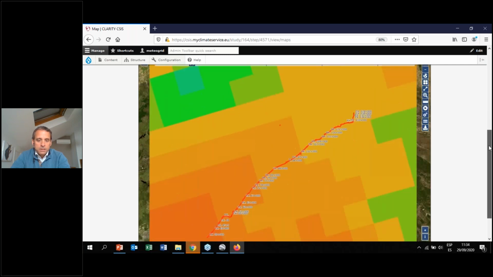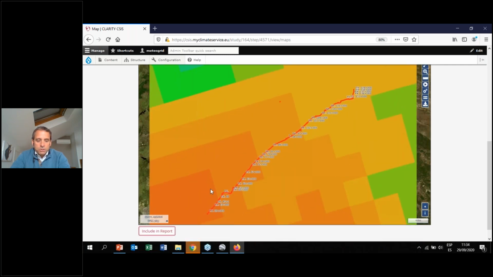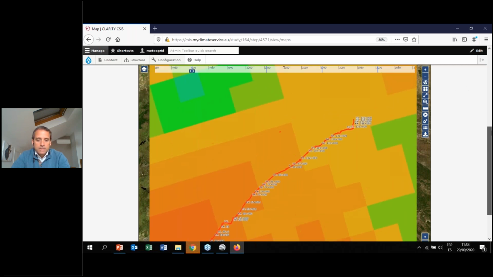Okay, so we can see here we have higher temperature down here mainly due to the issue that I explained before, that here we are at lower altitude. Here we are talking about almost 300 meters difference of altitude between this kilometer and this kilometer. Okay, we're talking about 70 kilometers distance.